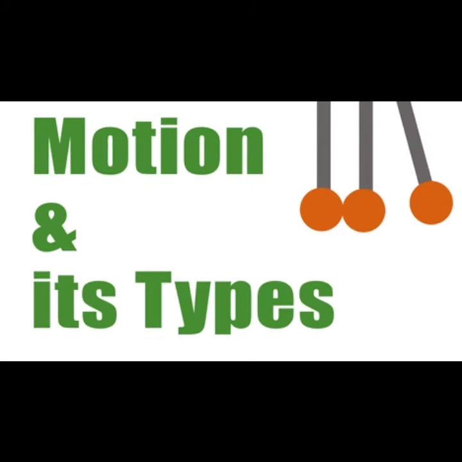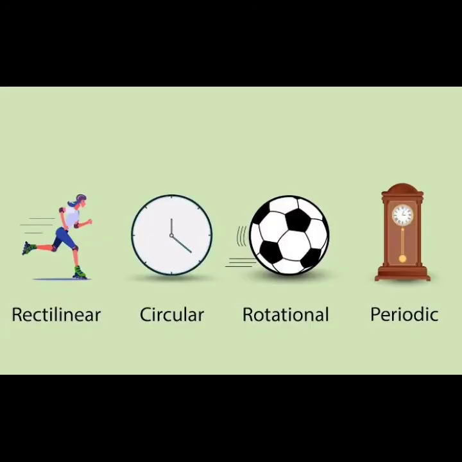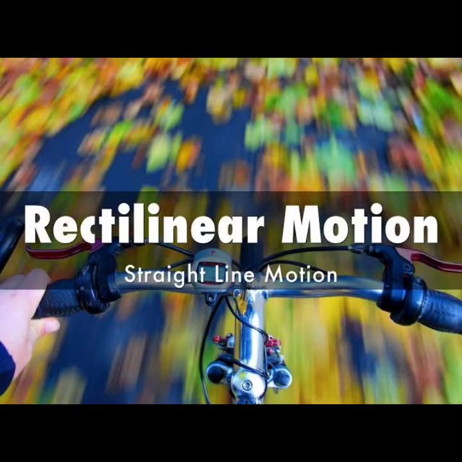Motion can be classified into 4 parts, that is rectilinear motion, circular motion, rotational motion, and periodic motion. Now one by one we will discuss these motions. So the first one is rectilinear motion.